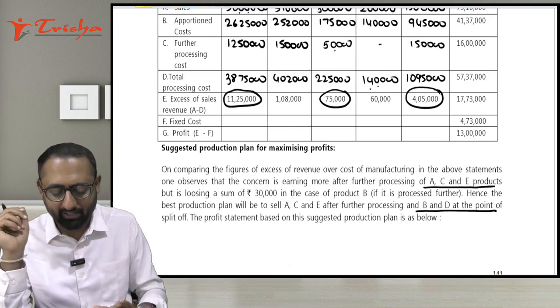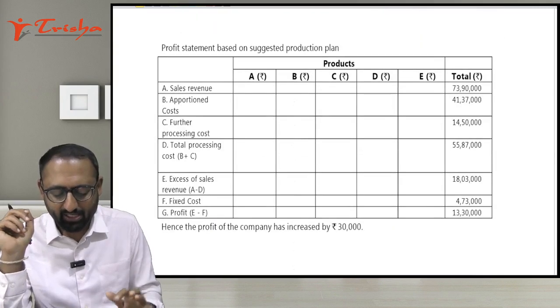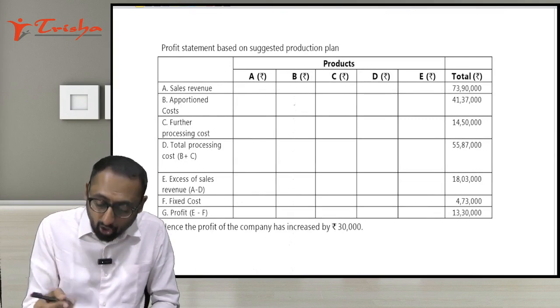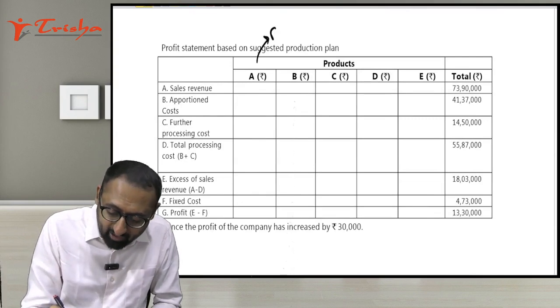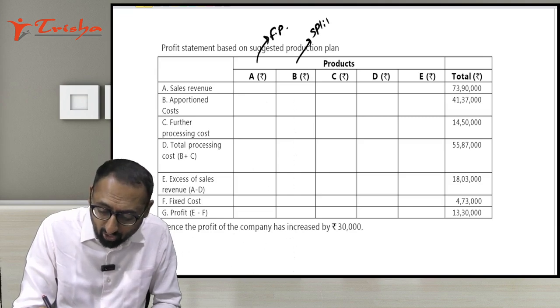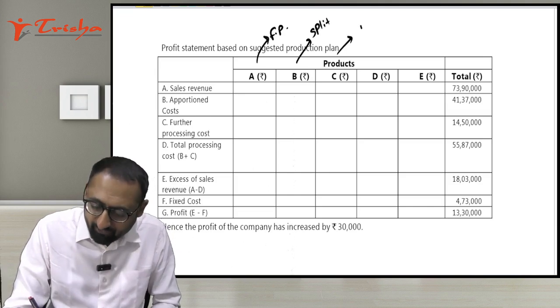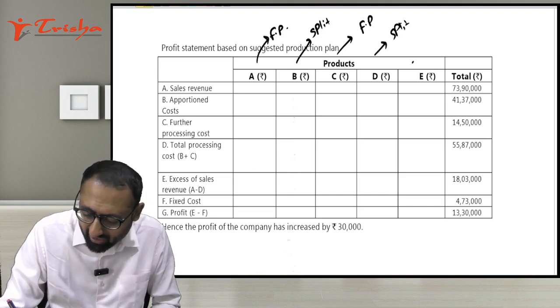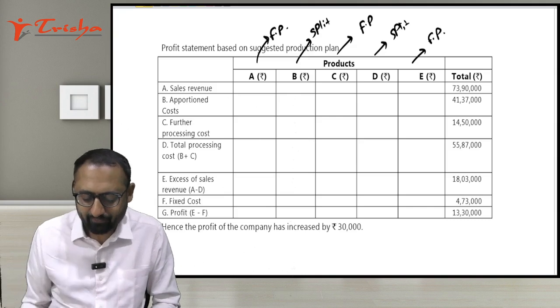So you compare the profit. And again, you'll have to prepare the profitability statement: A, further process; B, sold at split off; C, further process; D, split off; and E, further process.